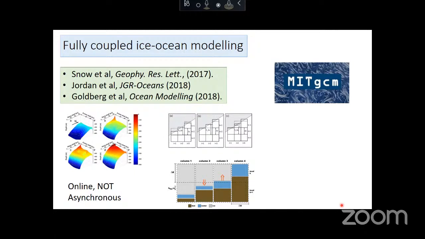And for that, I needed a coupled ice sheet ocean model. Those exist elsewhere, but I'd like to think that this one was a little bit better because it lets the ocean evolve freely as the ice cavity evolves. They co-evolve with each other.